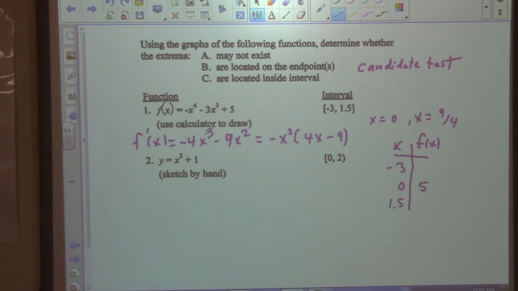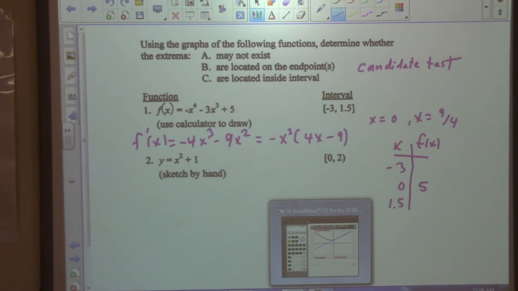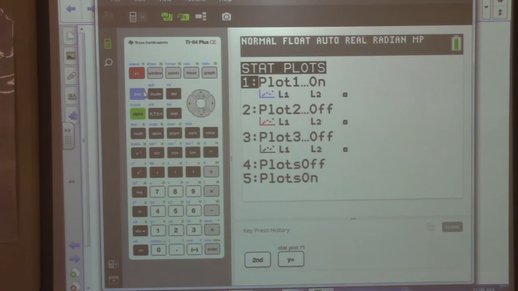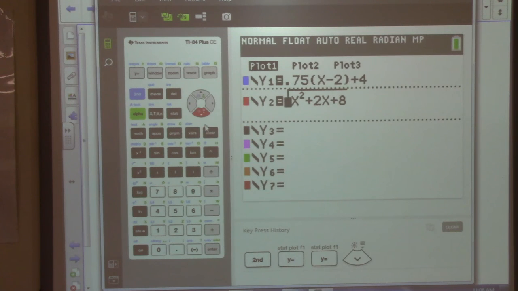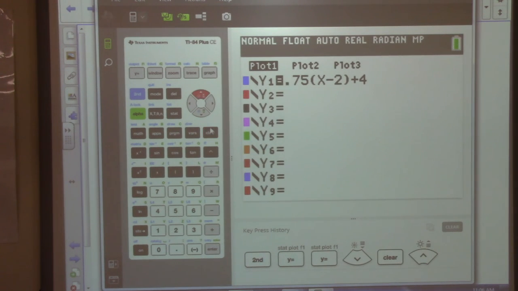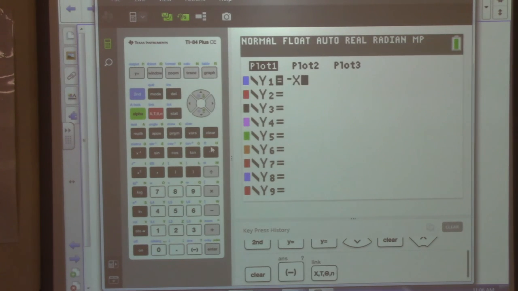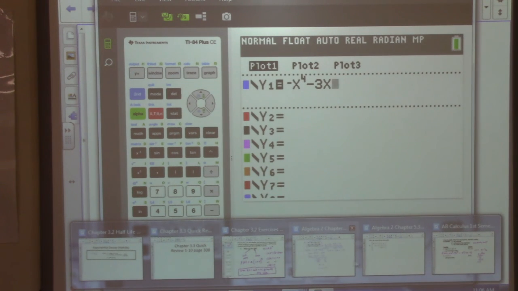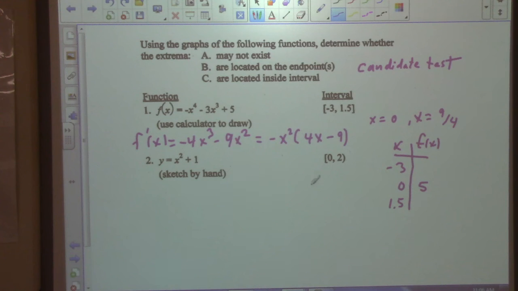And then if we plug in -3, what do you get for that? -3, x to the 4th minus 3x squared, x cubed plus 5.